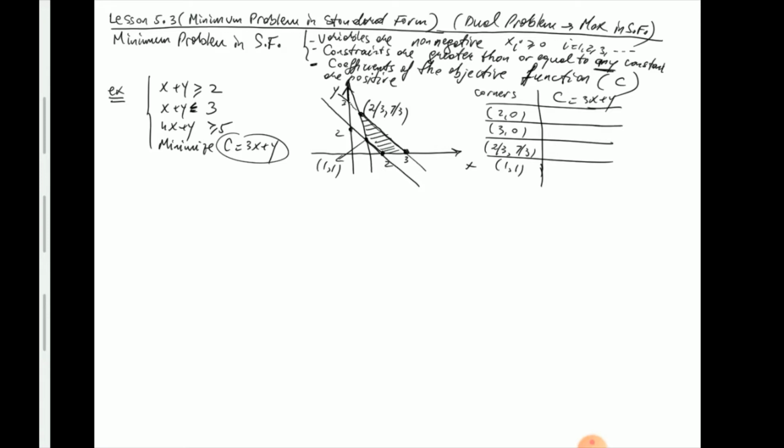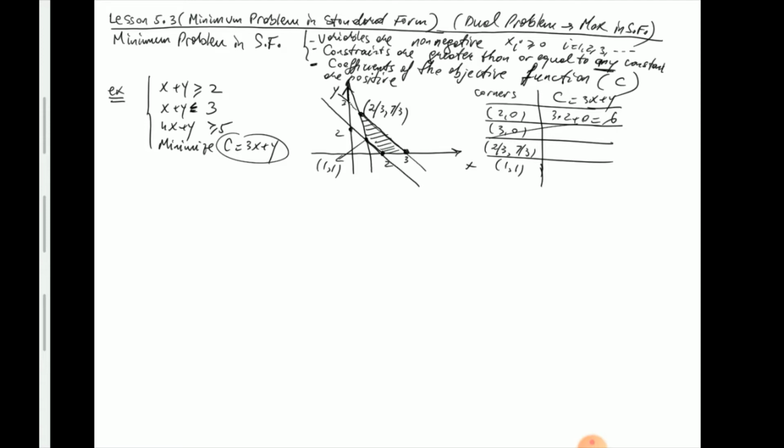And you can speed up the process a little bit. For example, clearly this one is not going to give you the minimum because if you plug in 3 and 0 for x and y, clearly you can plug in something less than that, right? If you plug in 2 and 0, that gives you a lower value than the previous one. The question is in between these guys.